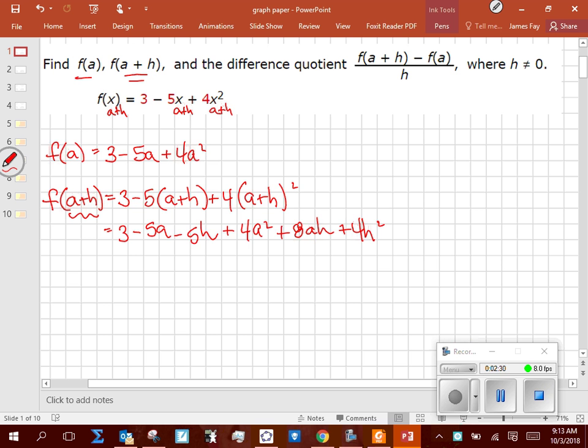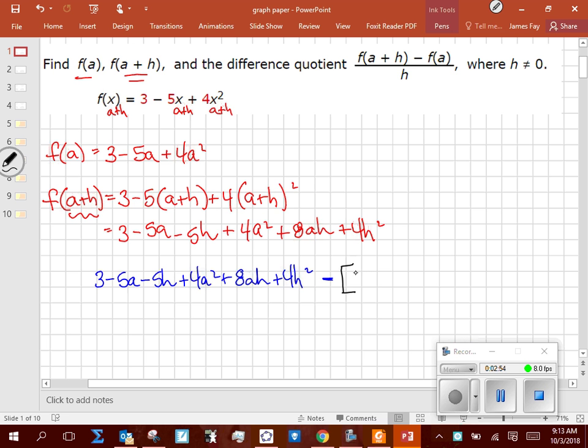we're now going to plug those things in. So the difference quotient says f of a plus h. So you take your 3 minus 5a minus 5h plus 4a squared plus 8ah plus 4h squared, and you subtract then f of a. Well, f of a is a quantity, so just be careful with this.